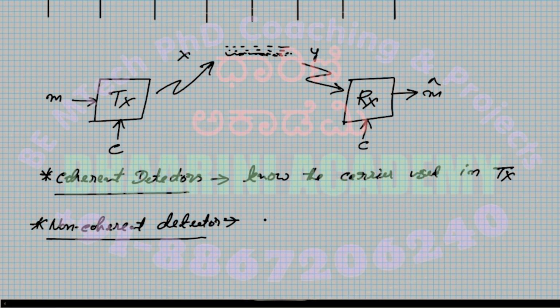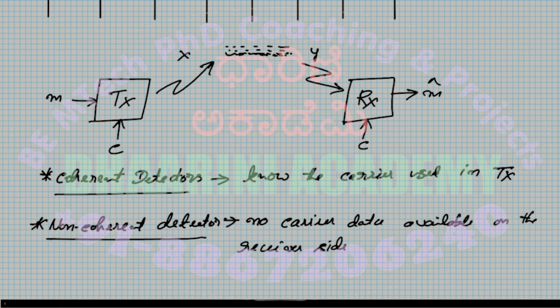No carrier data is available on the receiver side; you don't have any idea about that.